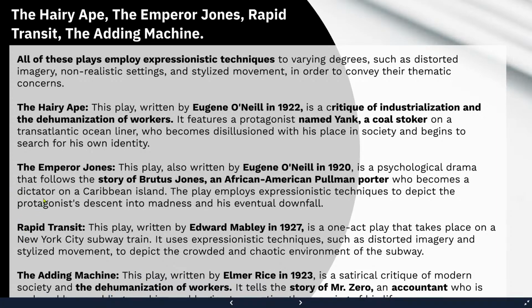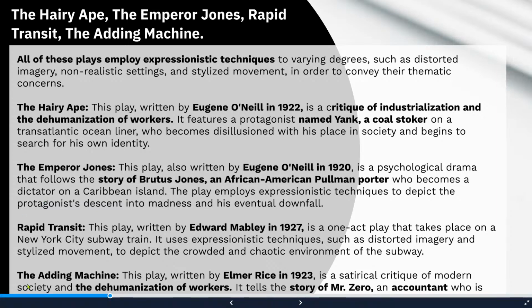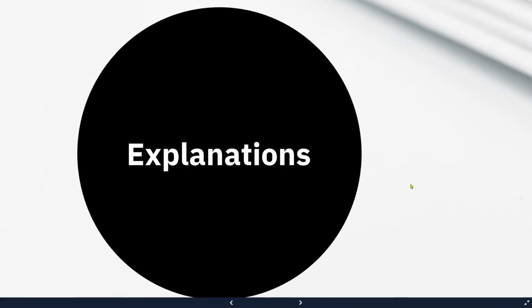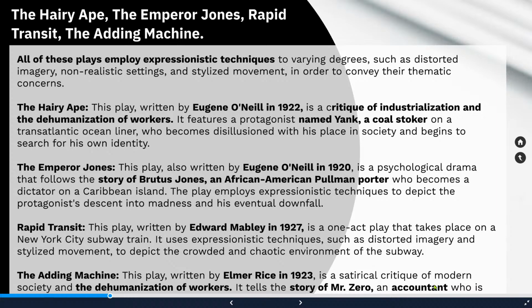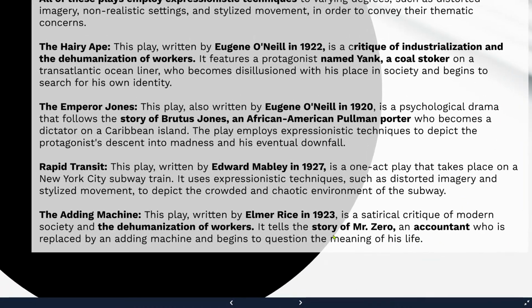We have another option which uses the technique of expressionism: The Adding Machine. This play is by Elmer Rice, and it was performed in 1923.